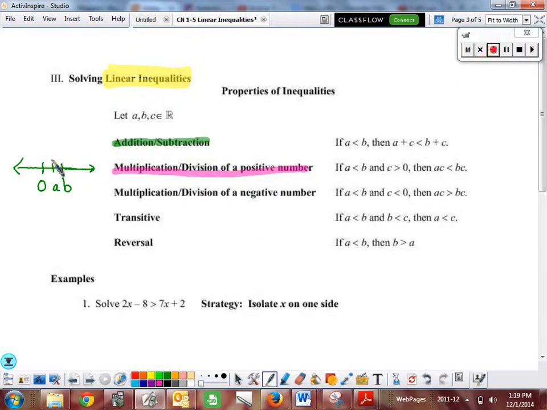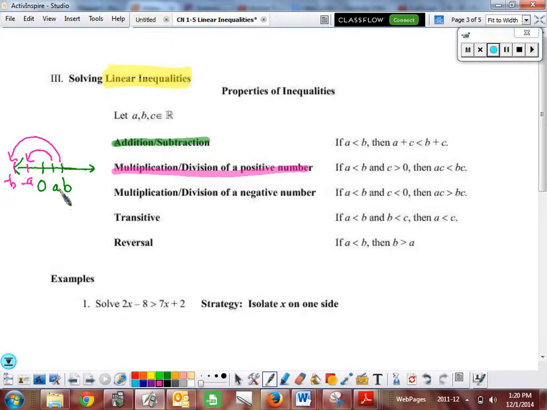So say we multiply by negative 1, wouldn't negative A end up on the negative side? And where would negative B end up? On the negative side. Oh, look, A was left of B, but once I multiplied by the negative, now I'm no longer left, it's now right. Do you see why you're flipping the sign? That's why we flip the sign, because they changed position when you multiply by a negative.